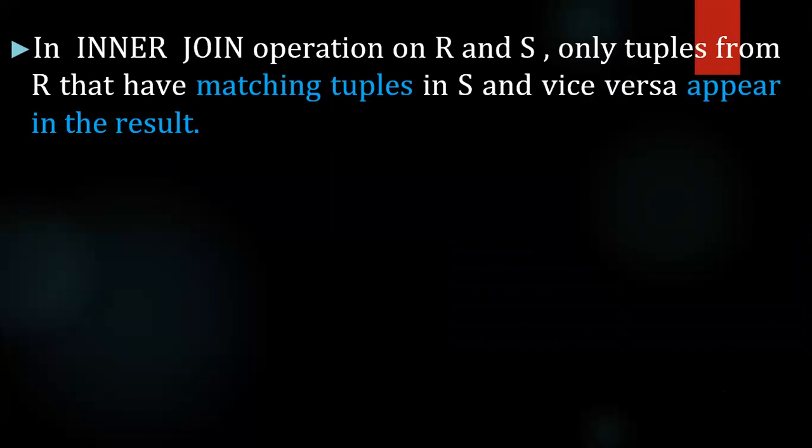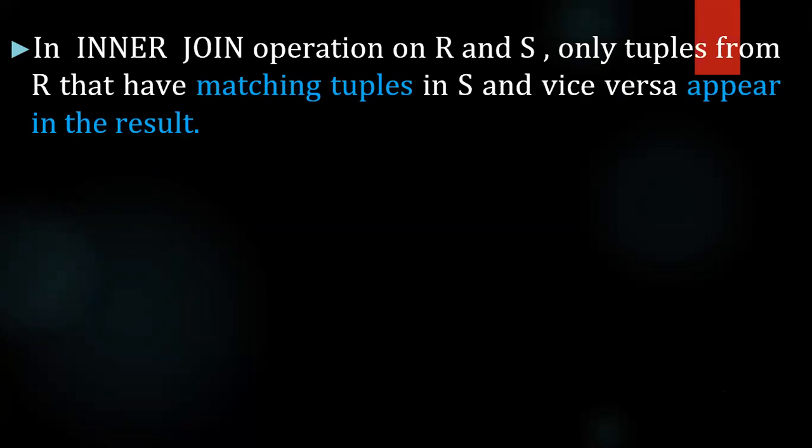So what is inner join? Assume that I want to join relations R and S, and in the result I need only those tuples which satisfy the join condition. That is, I want to select only those tuples which have matching tuples.